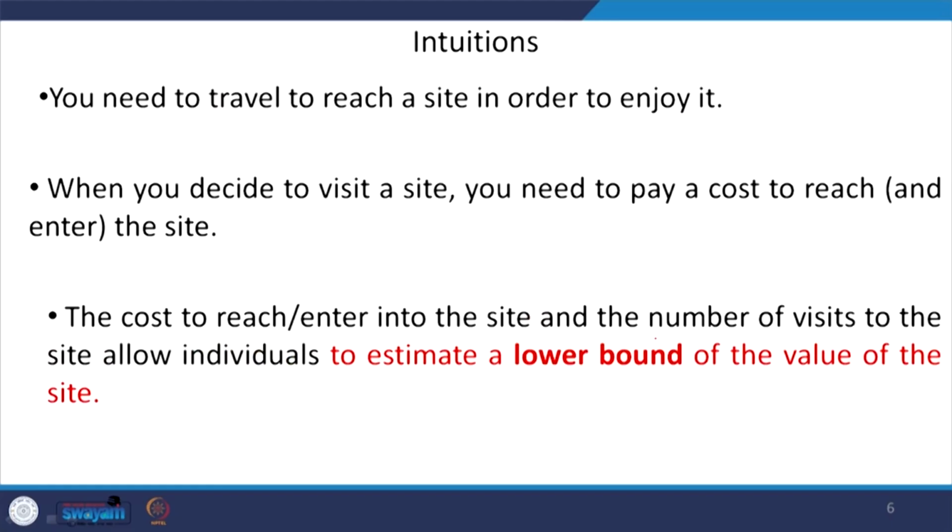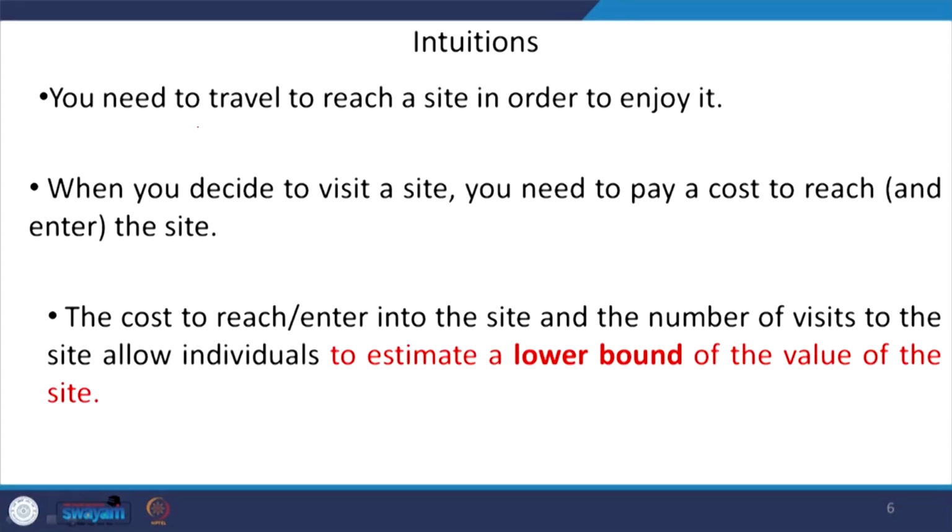And his report is based on certain intuitions. So, what are the intuitions of this travel cost method he talked about in 1949? For the first time he talked about that this travel cost method is based on common observation or intuition.